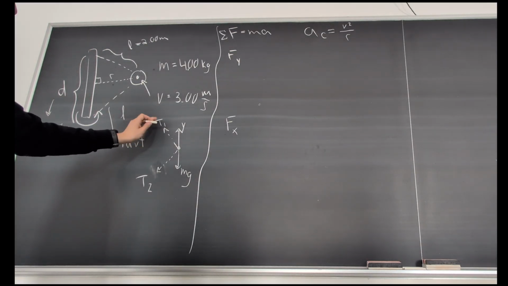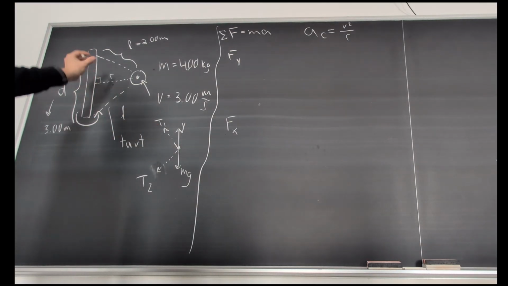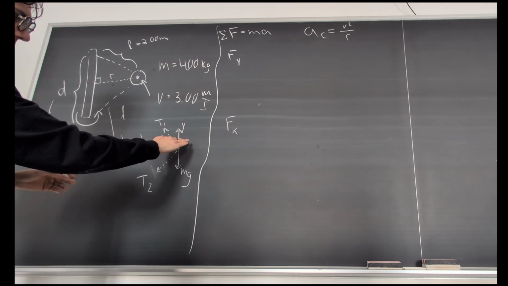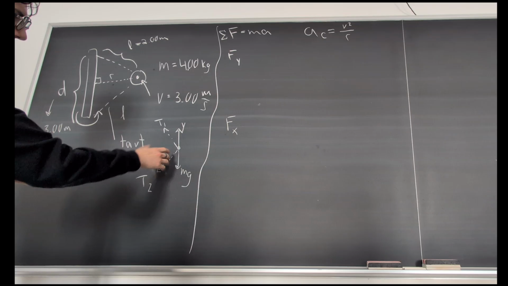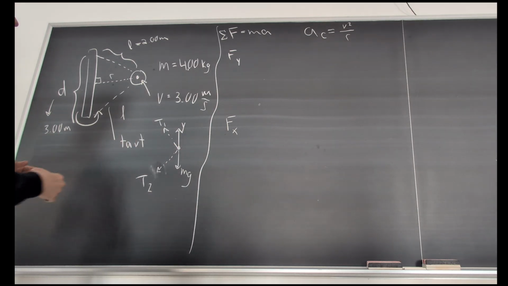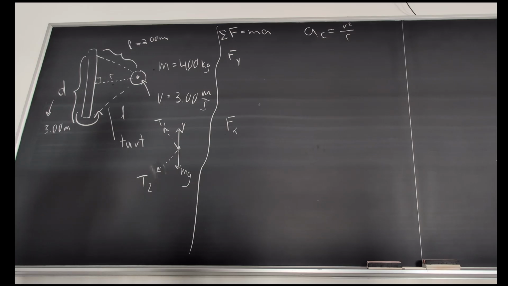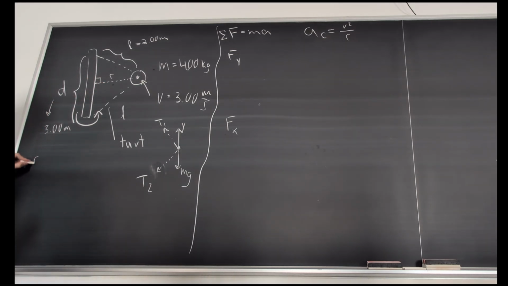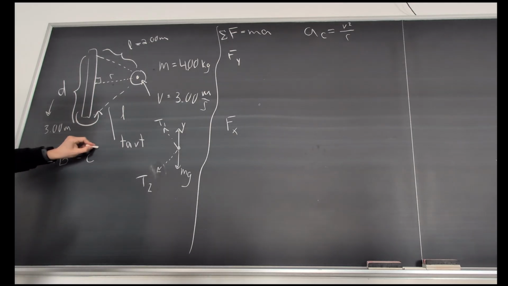But we should also split apart these forces. The tension of string 1, we should split into the x component and the y component. And the tension of string 2, we should also split into the x component and the y component. I will probably do this live, but let me find this r here. Pythagorean theorem: a squared plus b squared equals c squared.